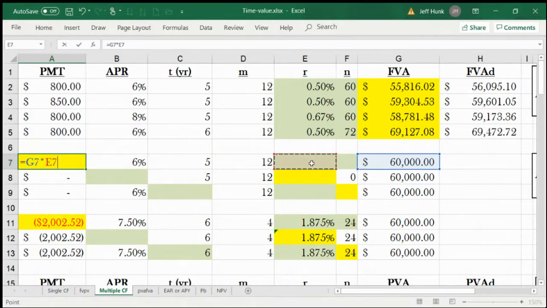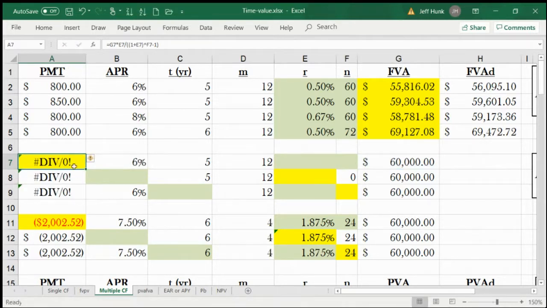But we know what they are, so we can build a formula first, and let's fill in that later, right? FVA times R over, open parentheses, open another one, 1 plus R, there you are, raised to n times 1, close the parenthesis, okay, and hit enter.